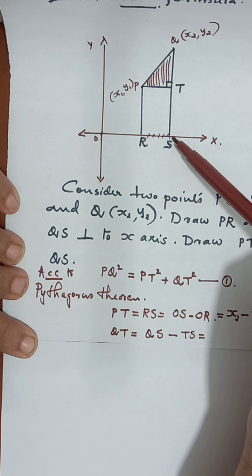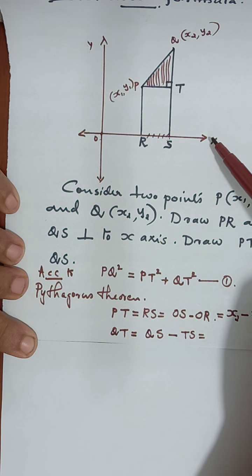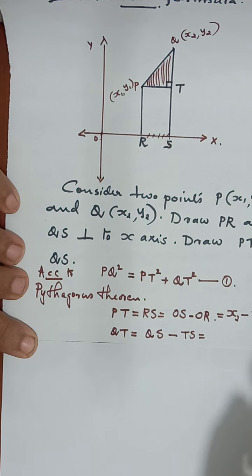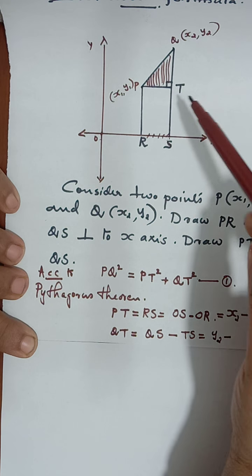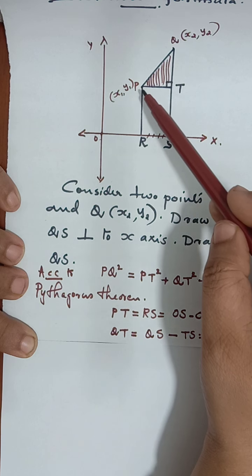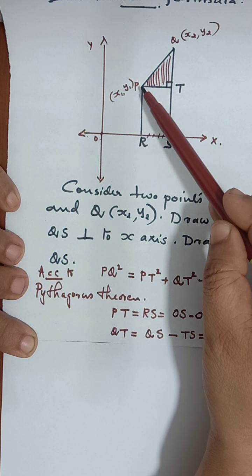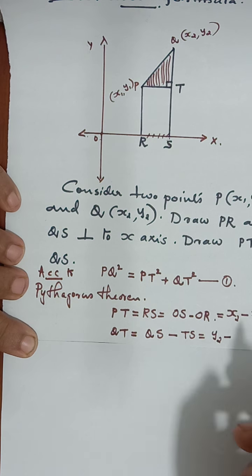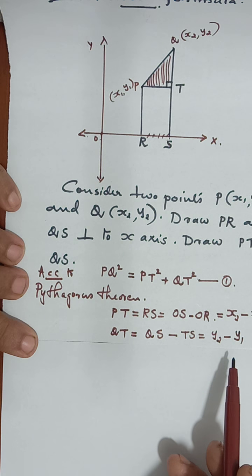QS is a distance from the x-axis. The distance from the x-axis is always the y-coordinate. We can write it as y2. TS is equal to PR, the distance from the x-axis to P. So that is the y-coordinate y1. So we got QT equal to y2 minus y1.